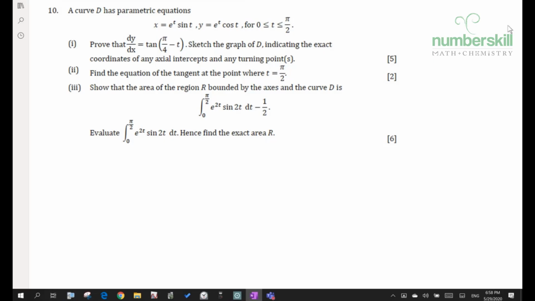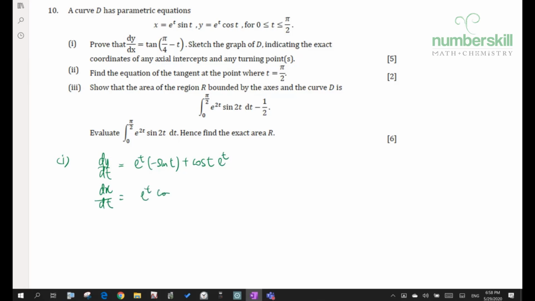13 marks in this. The dy/dx turned out to be the easiest part, and you better agree with me. Because simply put, you just need to find your dy/dt. So dy/dt is going to be product rule. Keep this, differentiate this, plus keep the cosine, differentiate the e^t. And then you do your dx/dt.